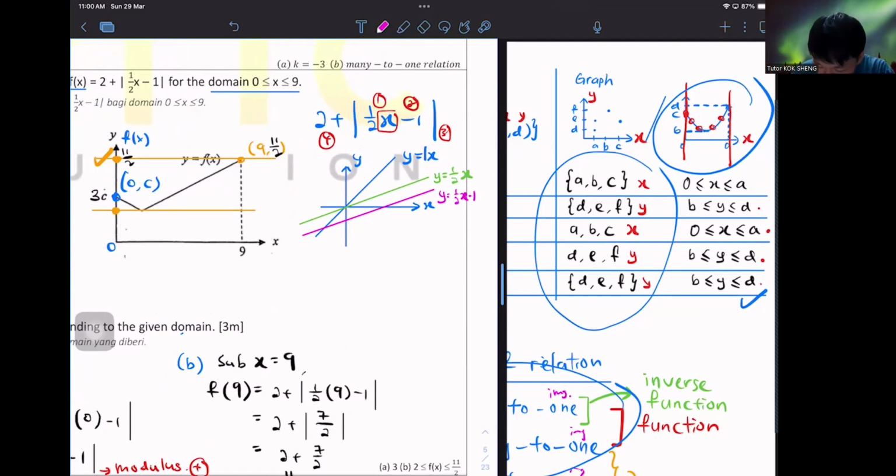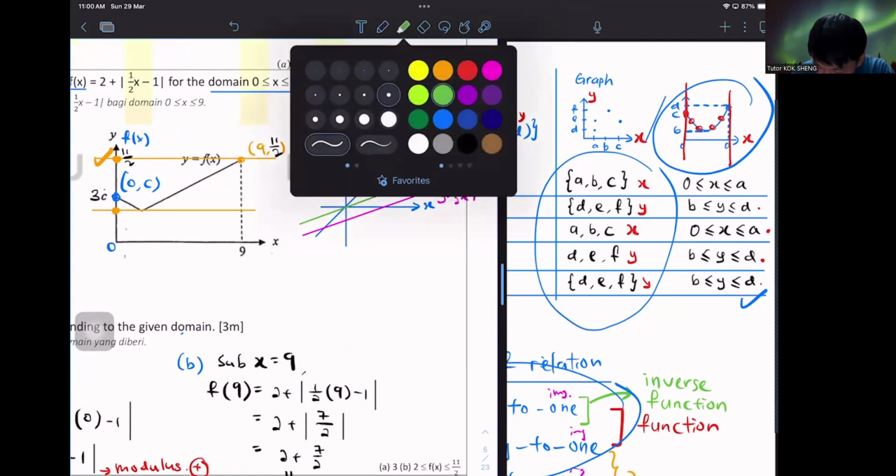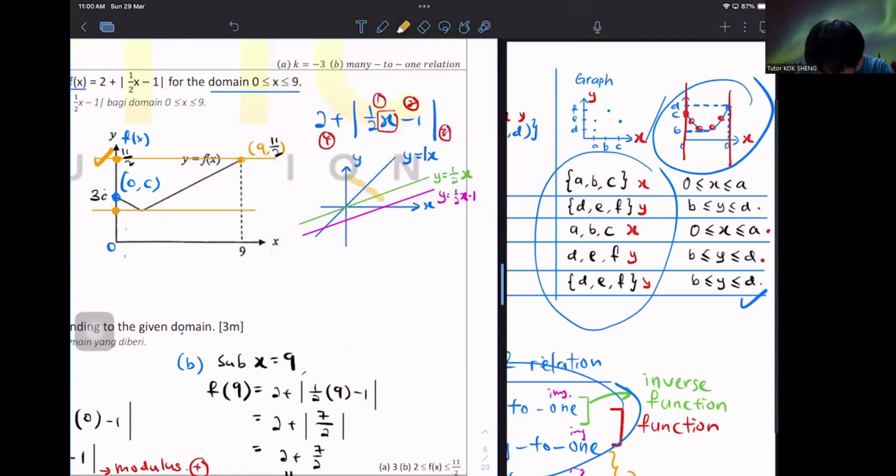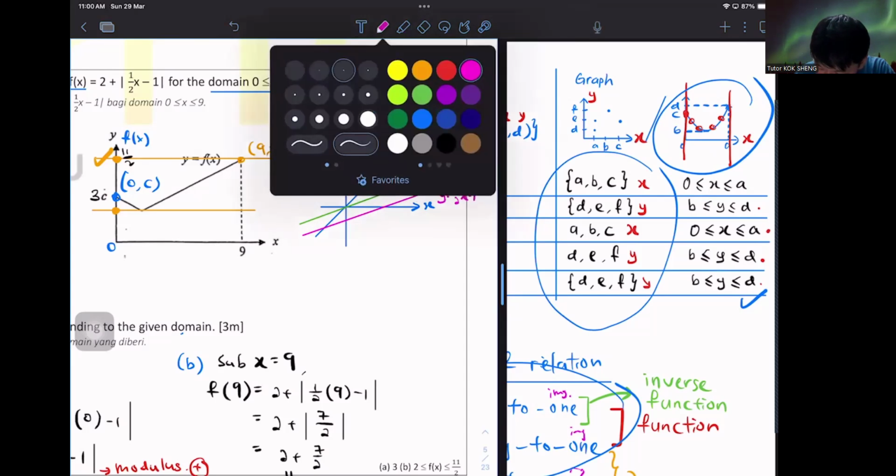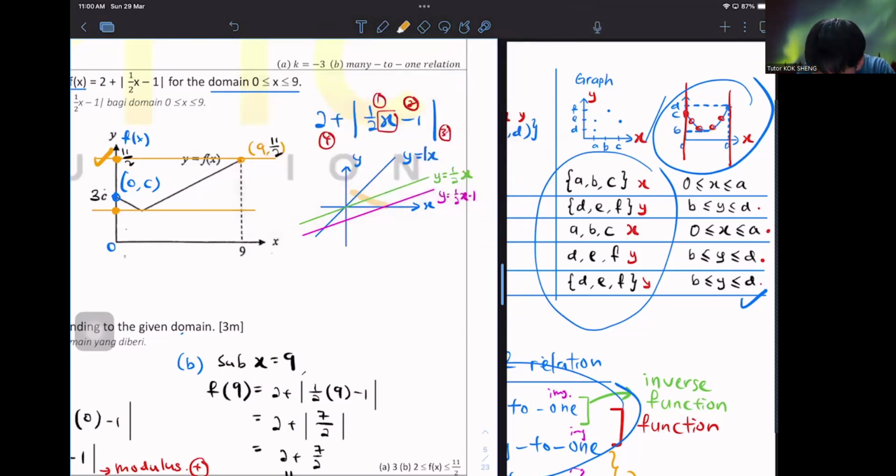With the modulus, your graph will become a Nike shape, which means that this part of the graph will reflect. You have to flip it to the top. Maybe I flipped wrongly, let's flip again. You have to flip to the top, something like this.